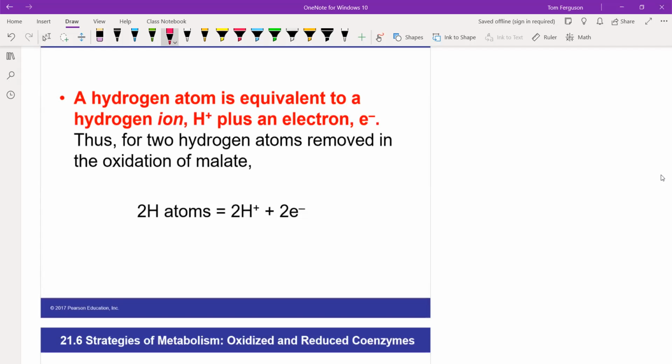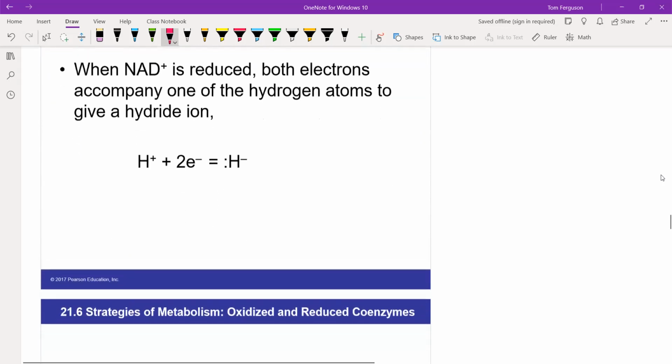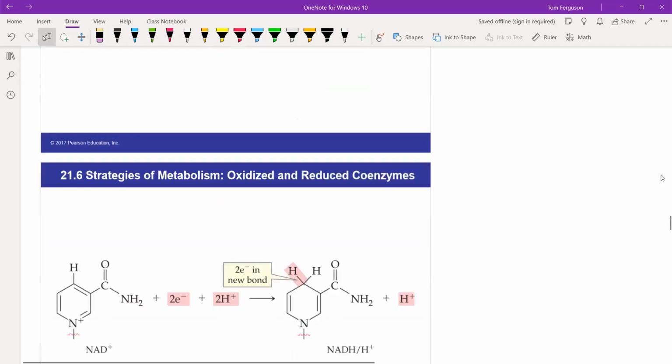So whenever we lose hydrogens, we're losing electrons with them. So this means this is being oxidized because we're losing electrons. Same thing here.